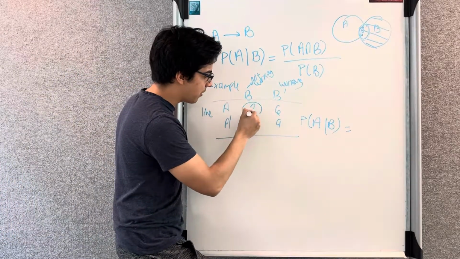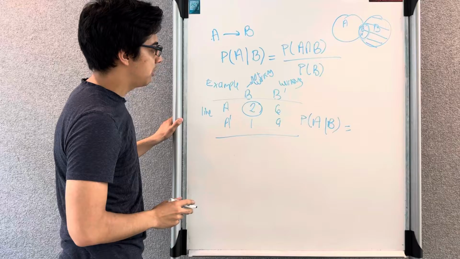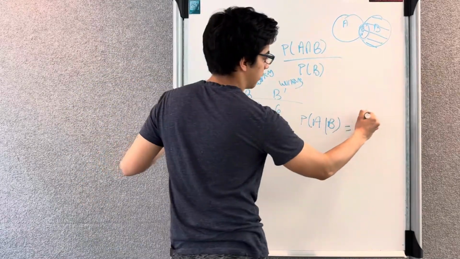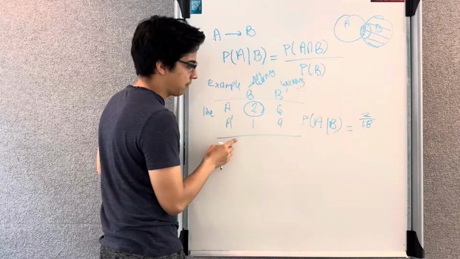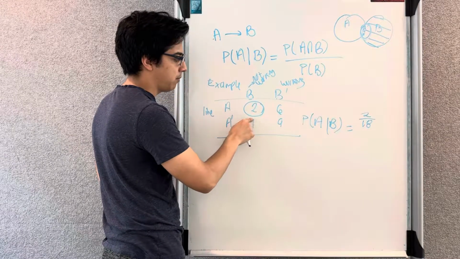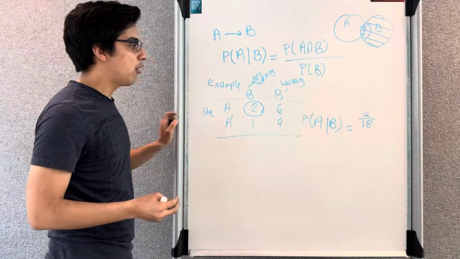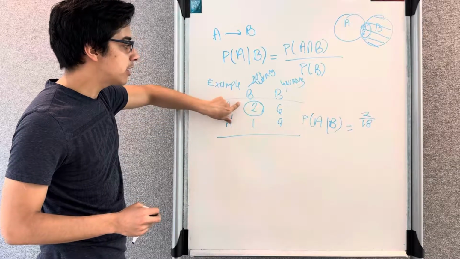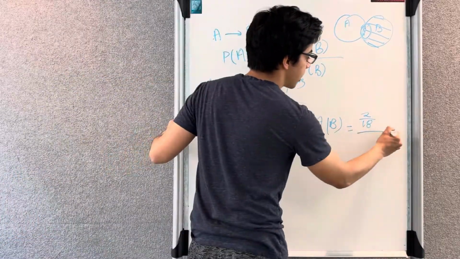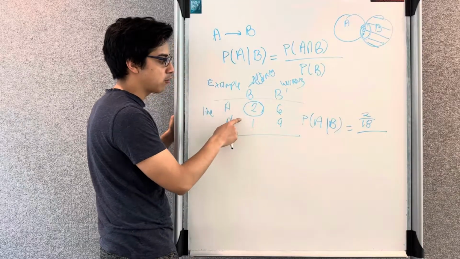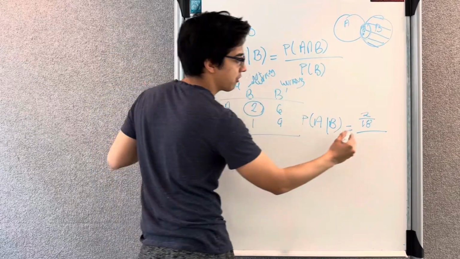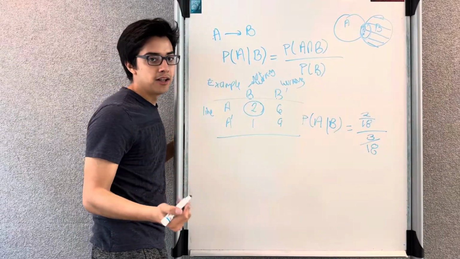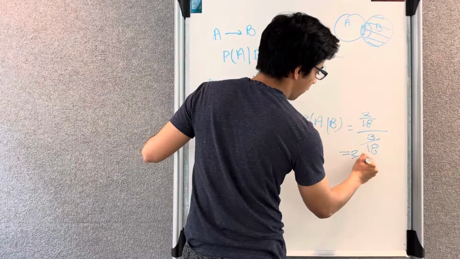The intersection is this part, and it has a probability of 2 over 18, because we have 18 different parts, 9 plus 1 plus 6 plus 2. We have 2 over 18 to choose something that is of line A and also is not working. And we divide it by the total probability of choosing something that is not working. That will be 1 plus 2, that will be 3 over 18, because we also have 18 different parts. And our probability will be 2 over 3.